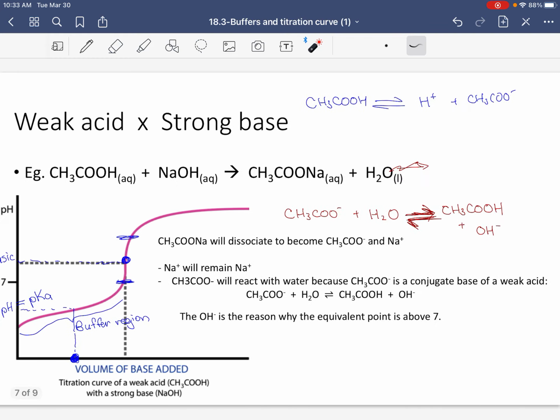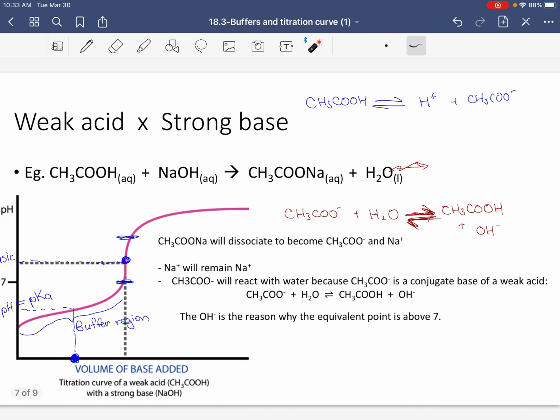NH4Cl does fully dissociate because it's aqueous. NH4 will react with water inside this aqueous system and turn itself into NH3 and H3O. Why? Because NH4 naturally is a proton donor.